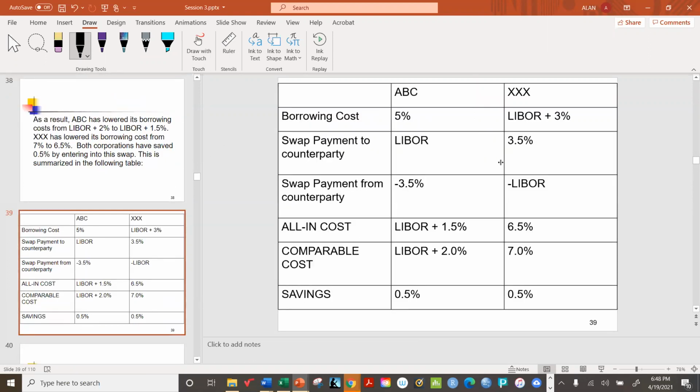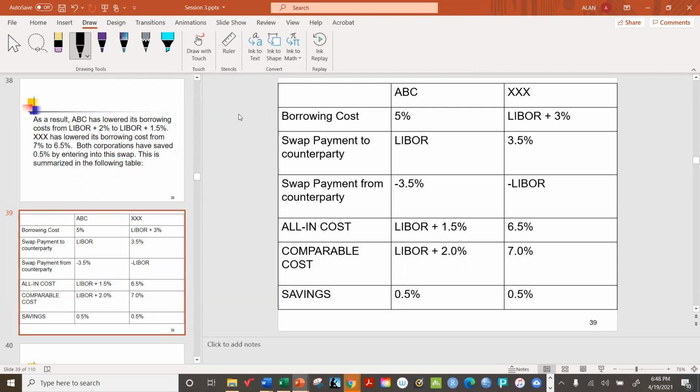Okay, so this is just a chart where I essentially did the exact same thing. So you can see it all lined up, and you can see that both sides managed to save 0.5%. They're very pleased with each other, aren't they? Yes, because they use their cleverness to save borrowing costs. Now, of course, here's the thing they have to watch out for.